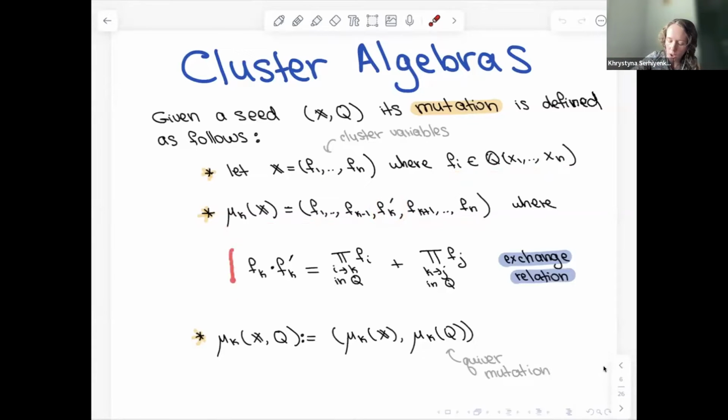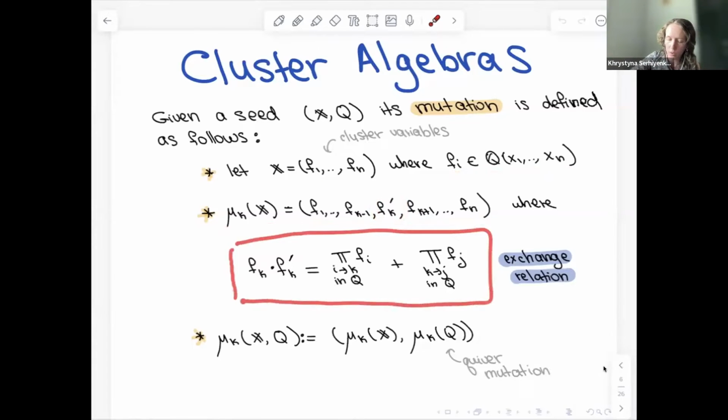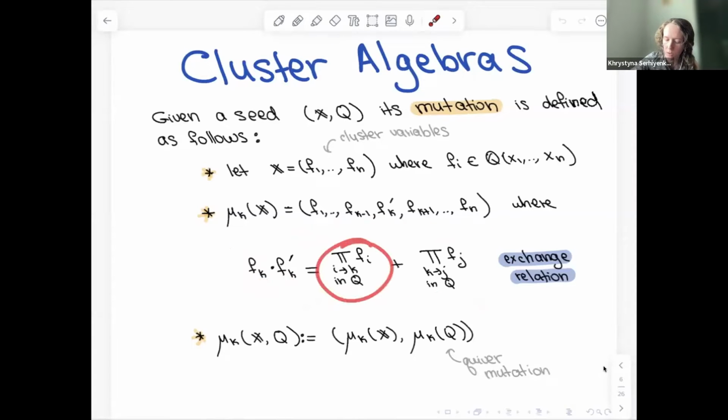The relationship between the old and the new variable is given by this exchange relation, which is as follows. The old variable fk times the new variable I'm looking for, fk prime, is a sum of two monomials, where the first one is the product of all the cluster variables fj, where you take one for every arrow coming into the vertex k in the quiver.